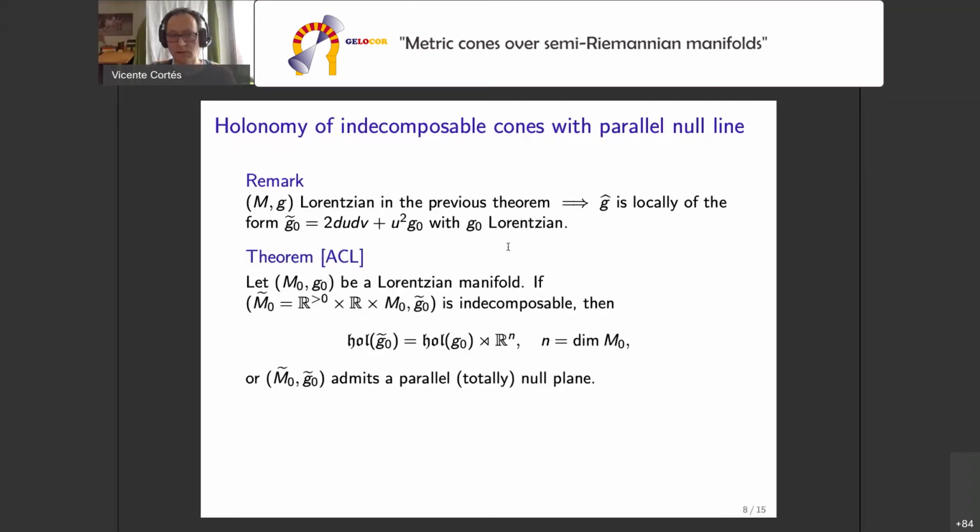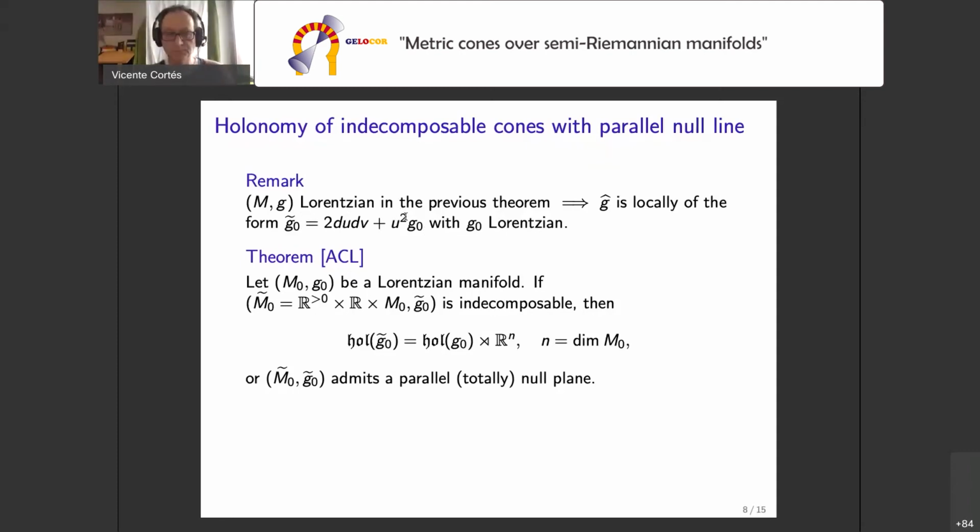Okay, and in this setting, we have the following. If we start from a Lorentzian manifold (M0, g0) and consider this particular type of double warping, M0 tilde equal R positive times R times M0 with the metric g0 tilde, which is written here.